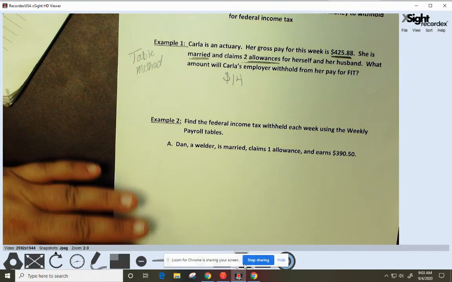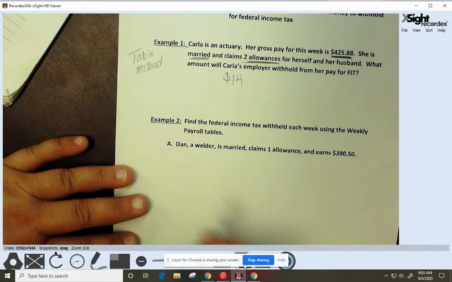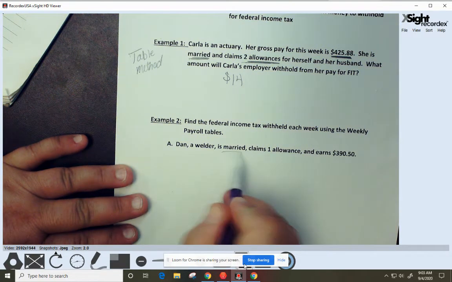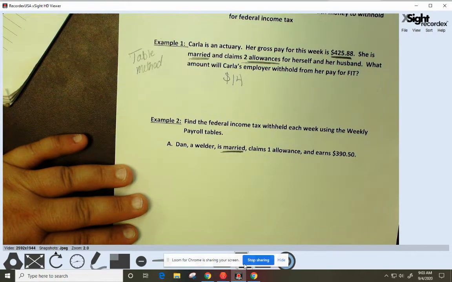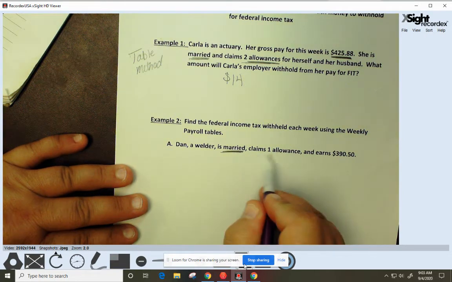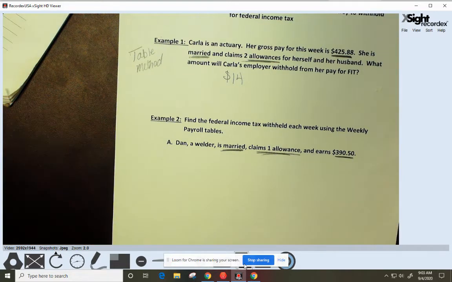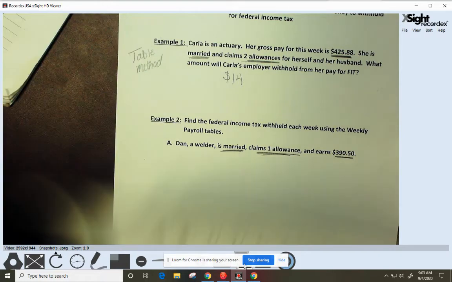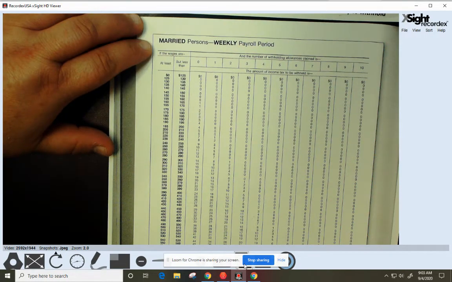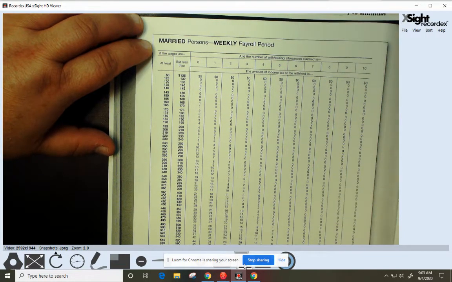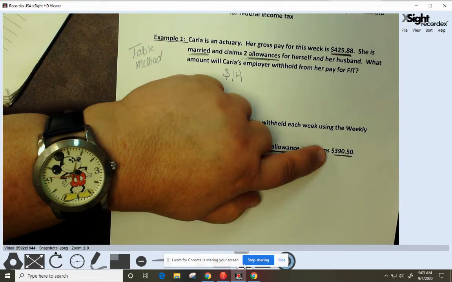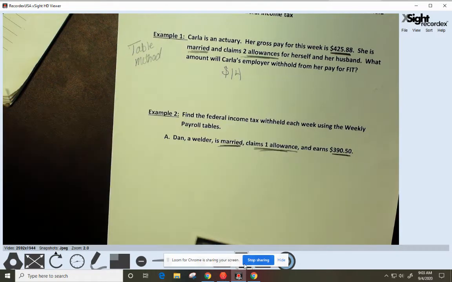Okay. So example 2 says that Dan is once again married, so I need to keep my married table. He claims 1 allowance, and he's going to earn $390.50. So I'm coming back to the married table. He's got 1 allowance, and I have to go find where $390.50 falls.